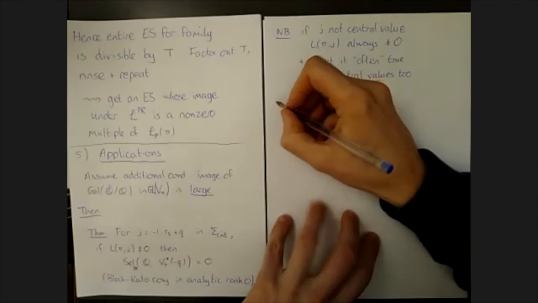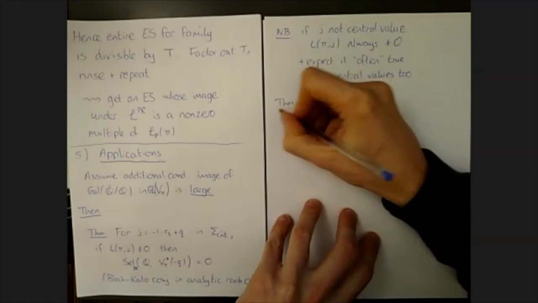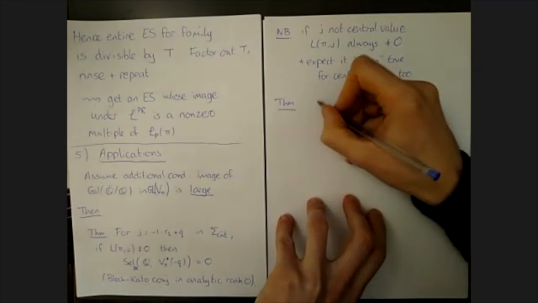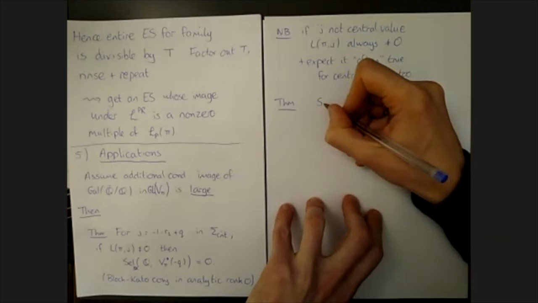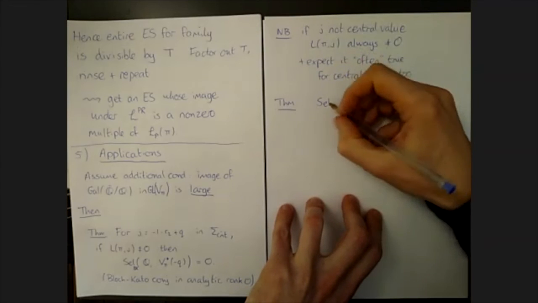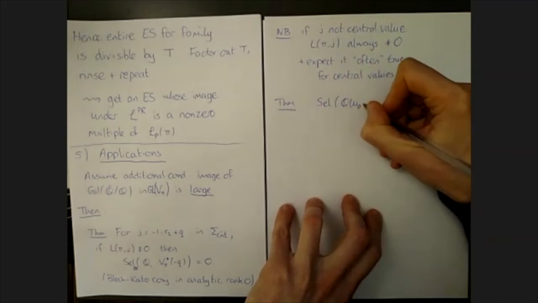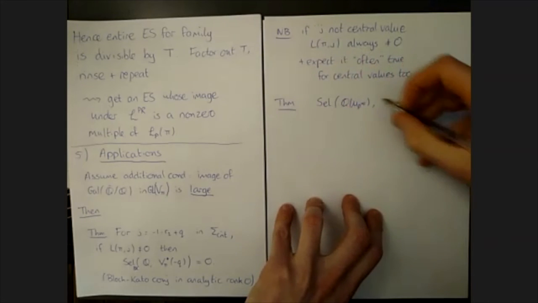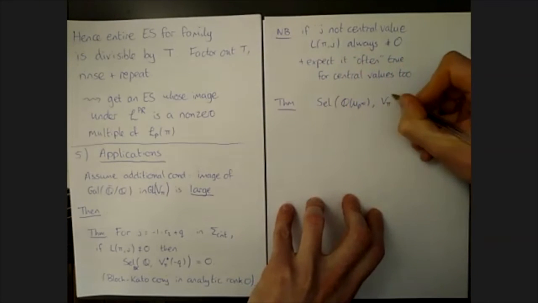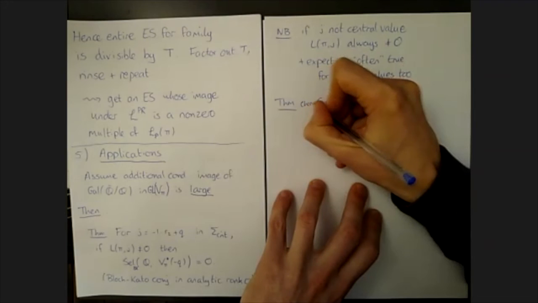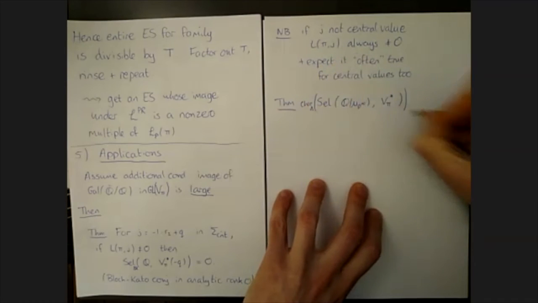And there's a second theorem, which is that the cyclotomic Selmer group has a characteristic ideal dividing the p-adic L-function.